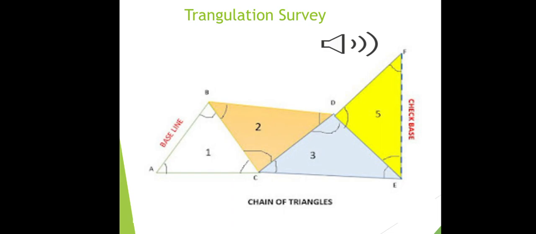At first, area of each triangle is to be calculated one by one, and then we have to sum up areas of 4 triangles to achieve the area of ABFE.